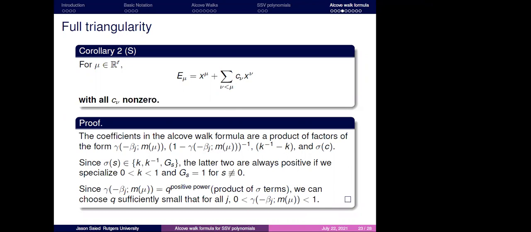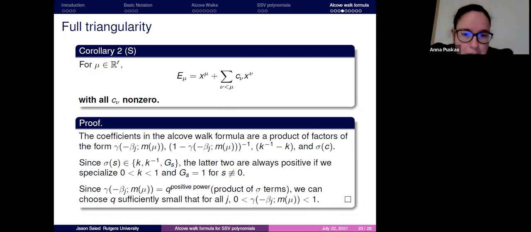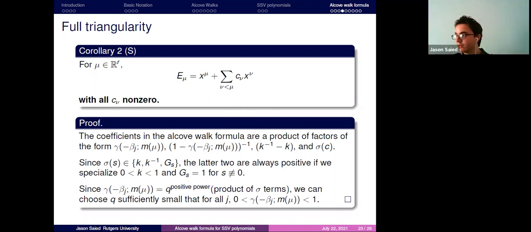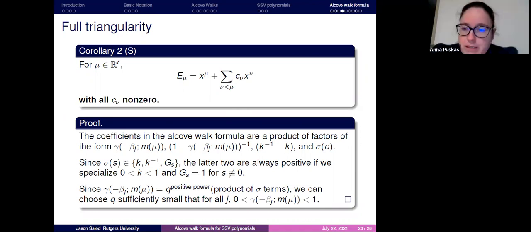Hi, sorry, I have a question. So when you mean this full triangularity, the C nu are polynomials, perhaps rational functions of the parameters like the G and the K. Is that right? Right. And so when you say non-zero, you just mean those are not trivial polynomials.